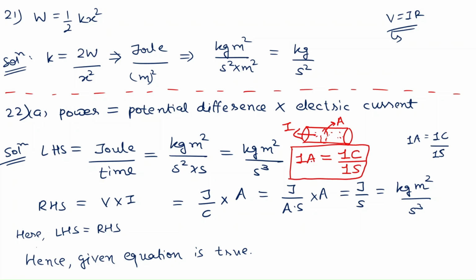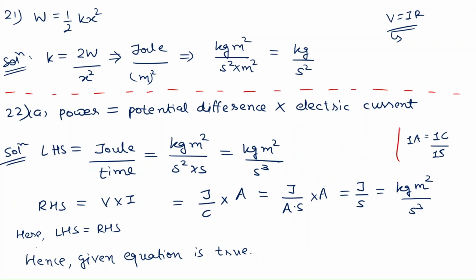So this is all about the definition. We deal with it in electrostatics as well. You just have to remember the formula. So substitute coulomb's value: coulomb is equal to ampere into second.